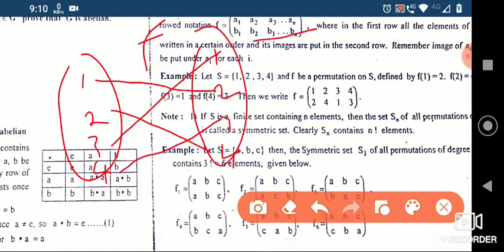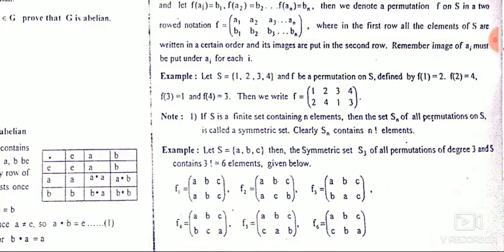We write whichever points are there here in the numerator, and where it goes in the denominator. That's what they did. 1 they have written in the numerator, and 2 in the denominator, or in the upper row and lower row. That's how we denote here, right?